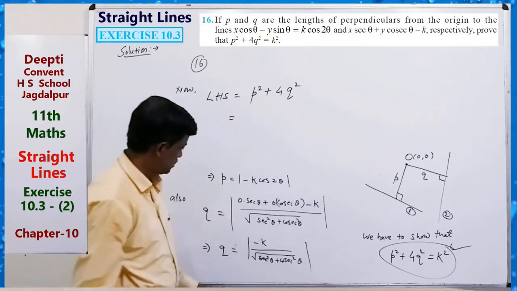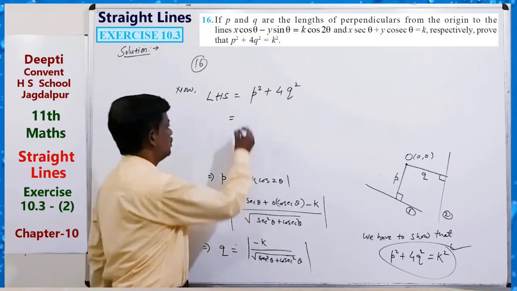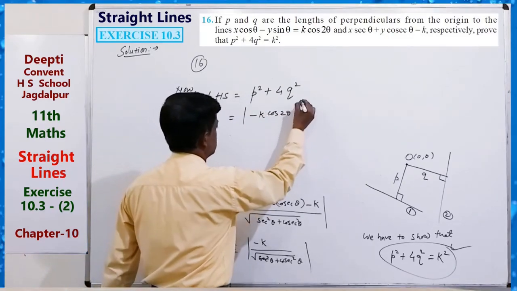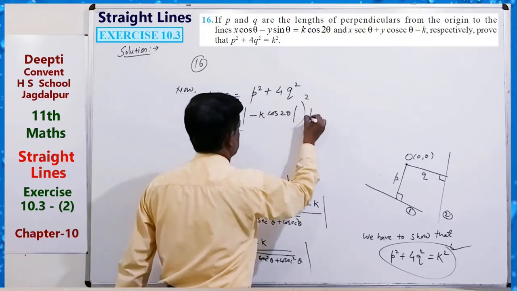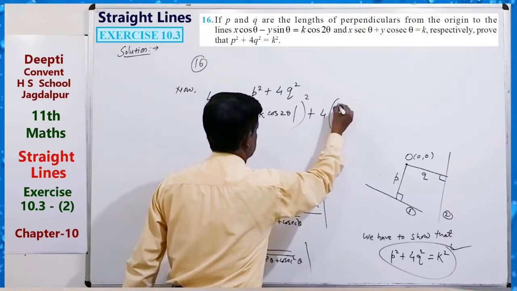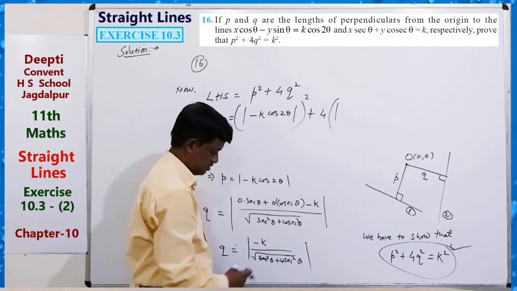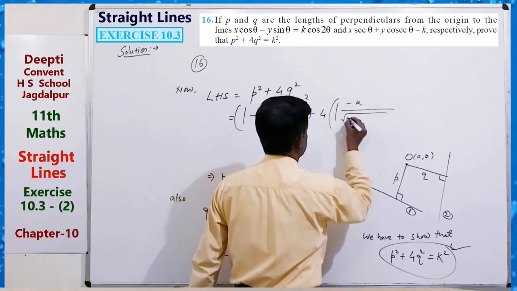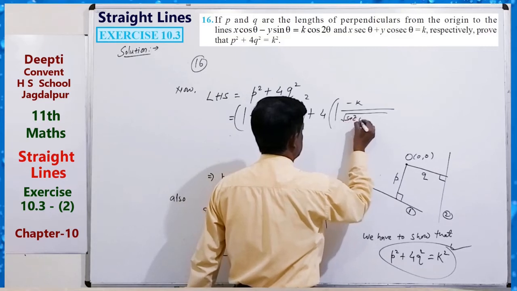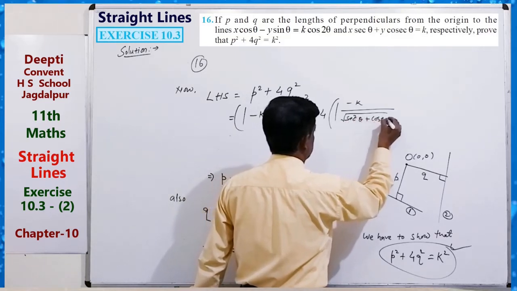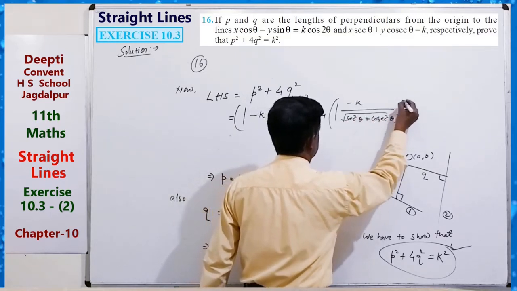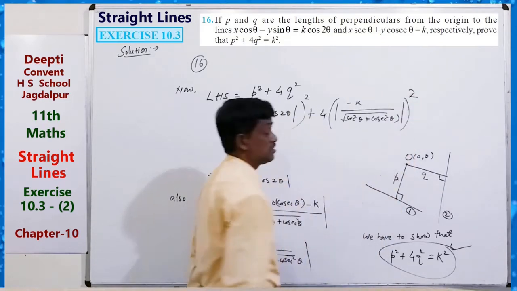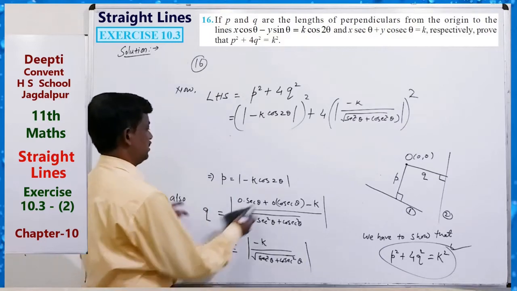P square means the square of modulus of minus K cos 2 theta, plus 4 times the square of minus K upon root over sec square theta plus cosec square theta. This is the left hand side, and start solving.